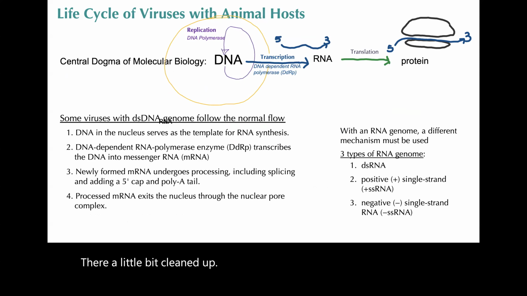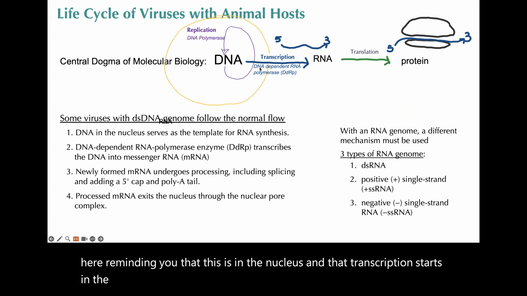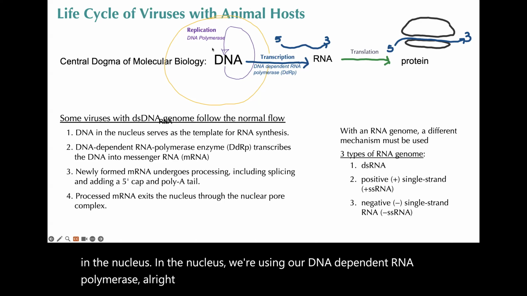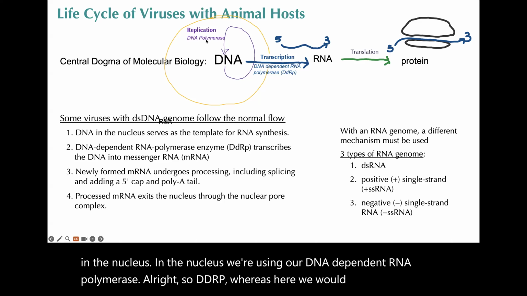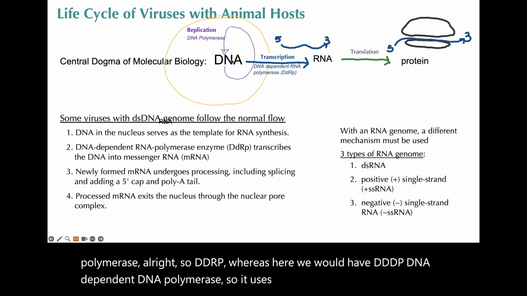All right, so we've gone through DNA replication. I have this yellow outline here reminding you that this is in the nucleus and that transcription starts in the nucleus. In the nucleus, we're using our DNA dependent RNA polymerase, DDRP, whereas here we would have DDDP, DNA dependent DNA polymerase. So it uses the DNA as a template.